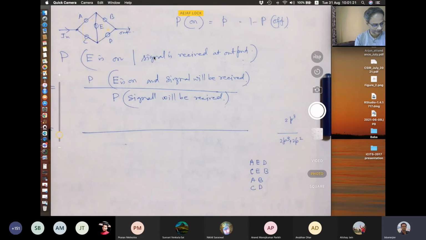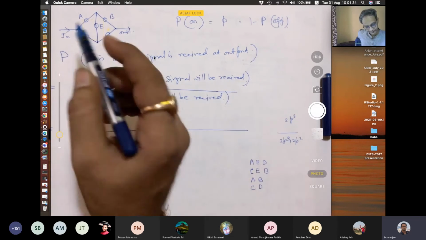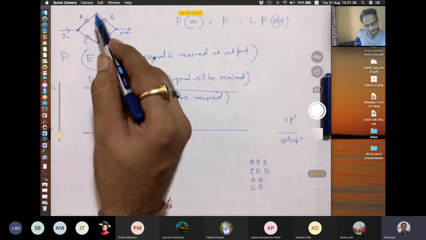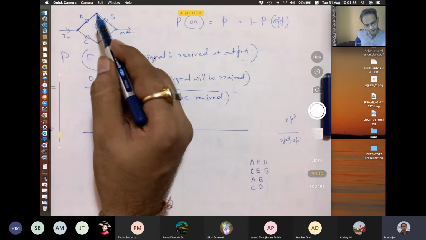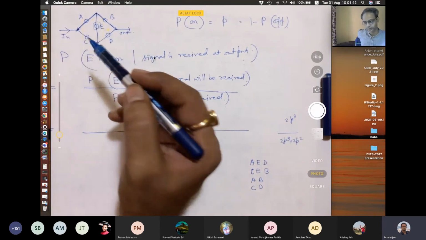I have not seen the solution, but I think the problem language has some issue. Look, what I find here is that the signal may go from here to here, but E might still be open.